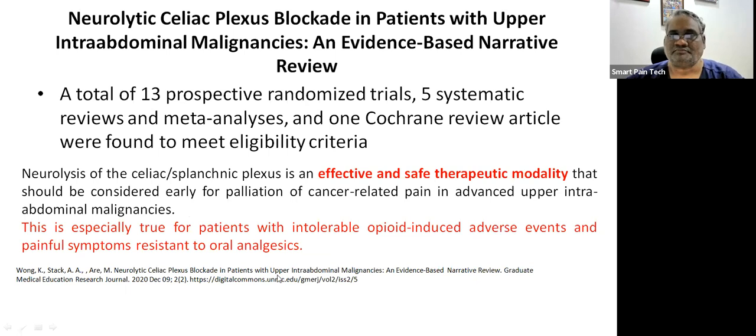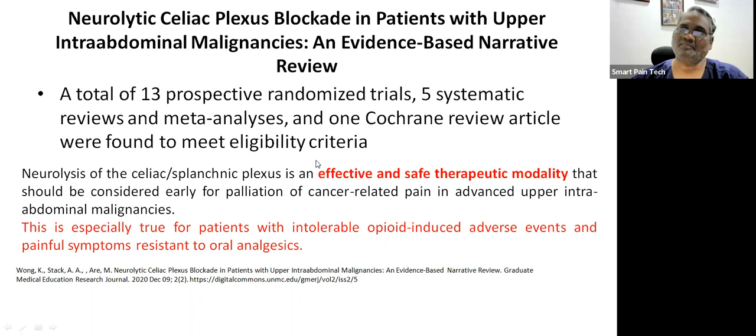Now, this is the meta-analysis or the evidence-based narrative review I was talking about, by Wong et al. and his group. In 2020 they published this paper, and a total of 13 prospective randomized trials, 5 systematic reviews and meta-analyses, and 1 Cochrane review were found to meet the eligibility.